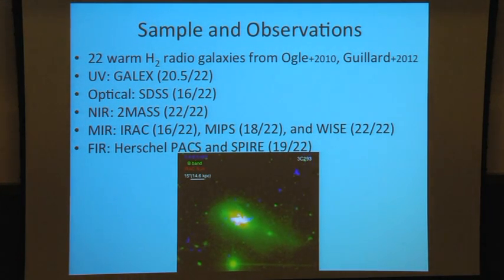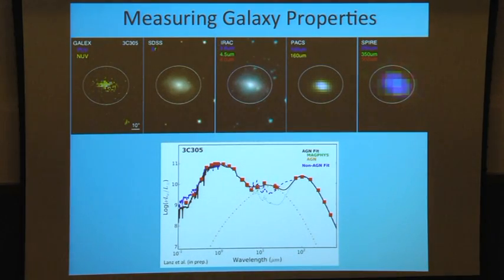You can make lovely sets of images like this one from 3C305. We start with GALEX on the left, then SDSS, IRAC, PACS, and SPIRE. We determine the aperture necessary to contain all of the emission at all of the wavelengths, apply it uniformly to all of our different data, get the photometry, and build up these SEDs, these spectral energy distributions.